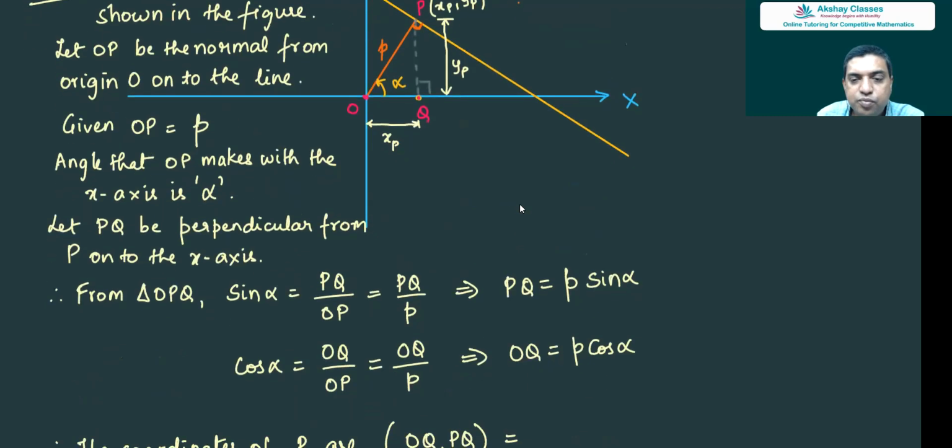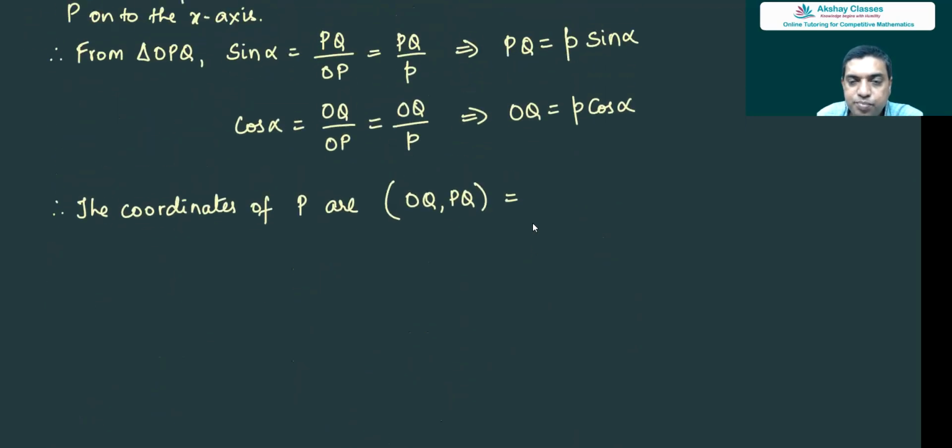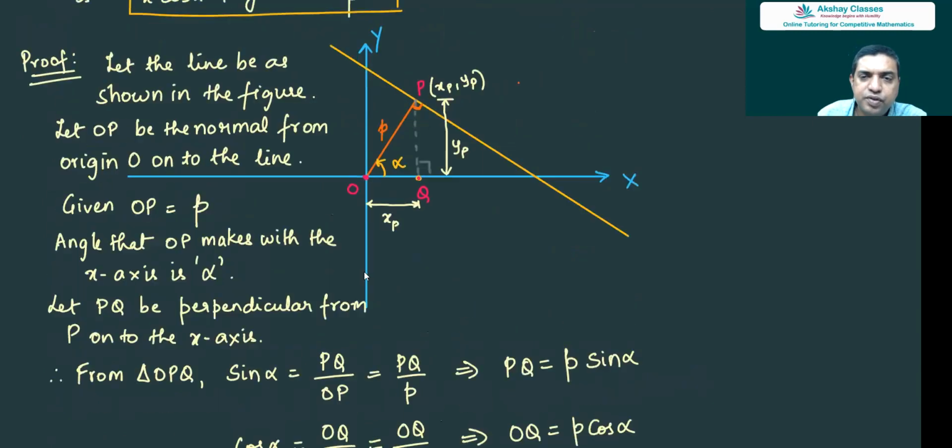That will be the coordinates of P. So OQ is p cos alpha and PQ is p sine alpha. So these are the coordinates of P. So we found P.